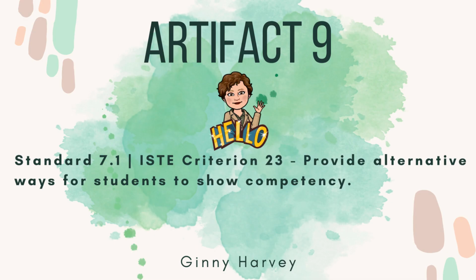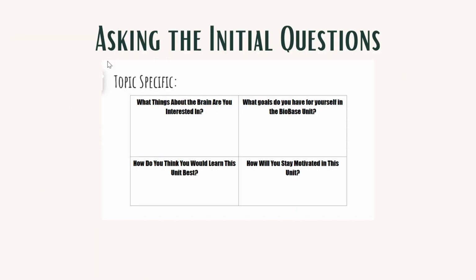Artifact 9, Standard 7.1, Criterion 23 asks for educators to provide alternative ways for students to show competency. Fostering a sense of independence and choice in the learning process is crucial, particularly for my AP Psychology students. It's vital to give opportunities for them to have a voice and a choice.